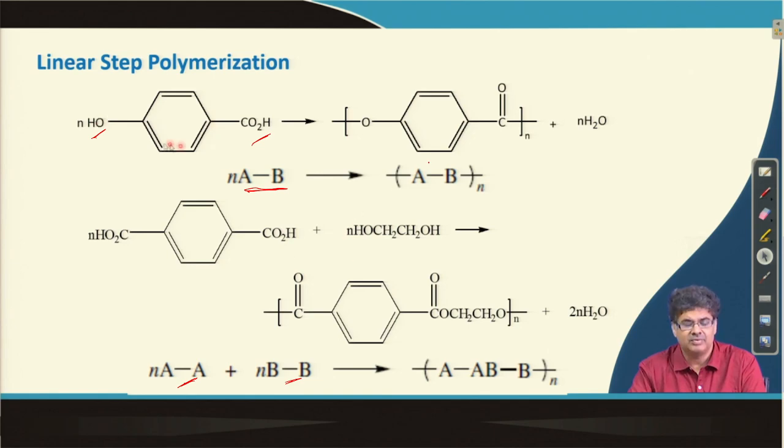If it is OH and COOH, then it makes a head-to-tail arrangement. But if it is AA and BB, then it doesn't matter, because if the monomer reacts from either side, it is the same. So we need not bother.